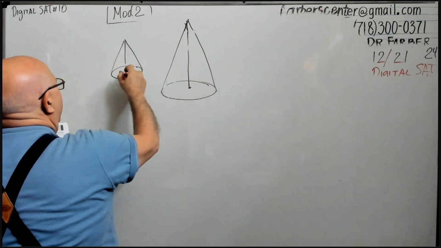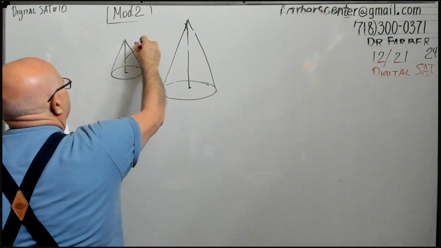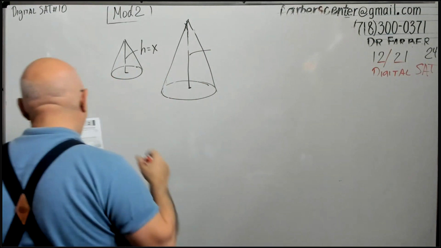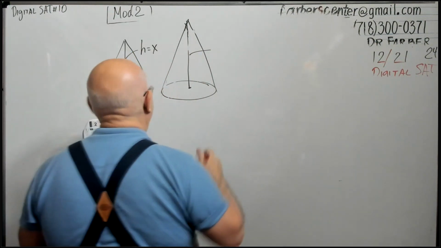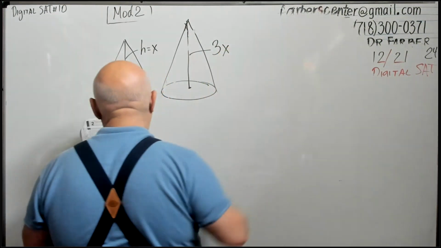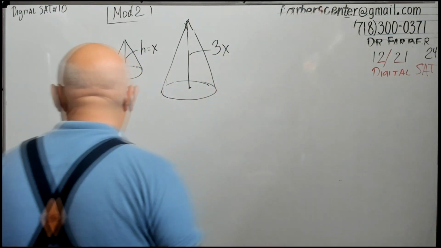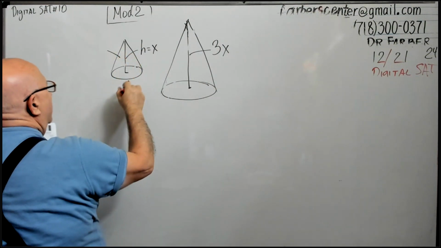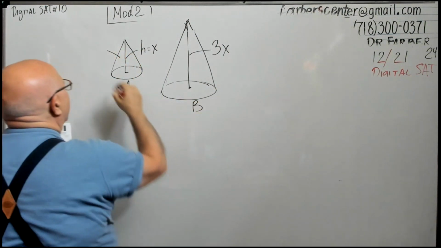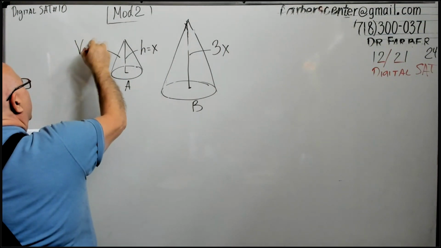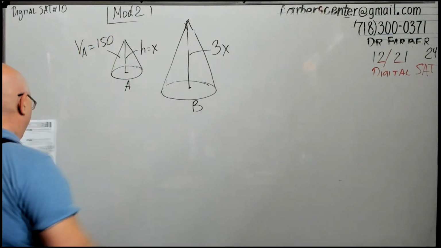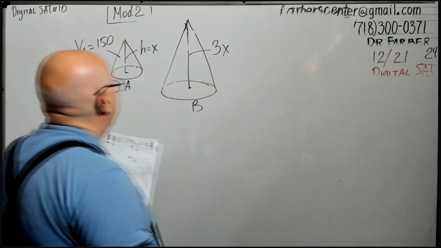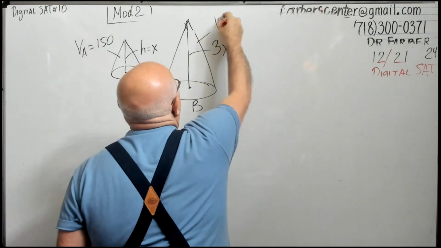This height is x, and this height is 3x, 1 to 3. The volume of A is 150. This is A and this is B. What is the volume of B?